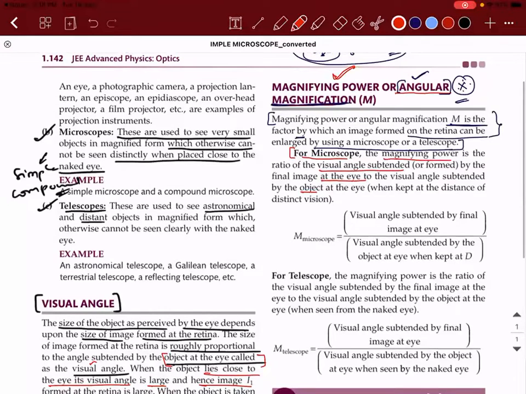I'll explain when I explain the different kinds of instruments. How do you define the magnifying power of a microscope? It is defined as the visual angle subtended by the final image at the eye to the visual angle subtended by the object at the eye when the object is kept at the distance of distinct vision. I'll come to that point.